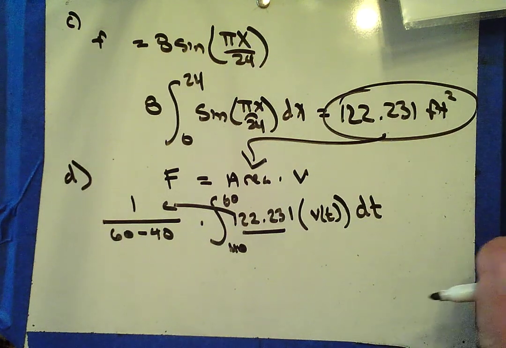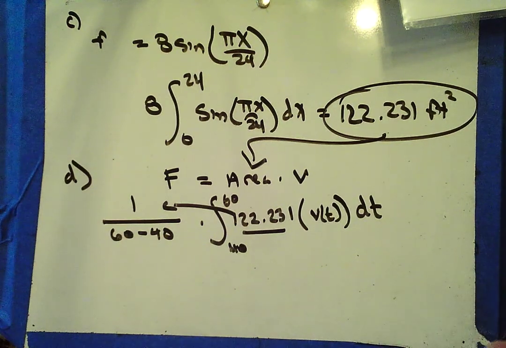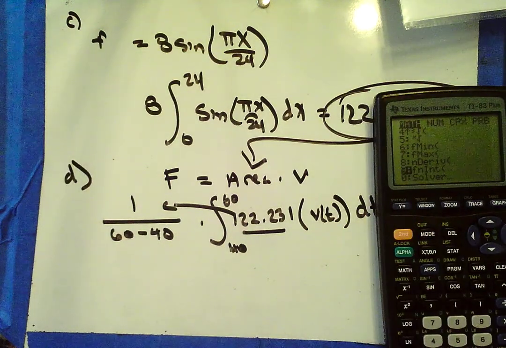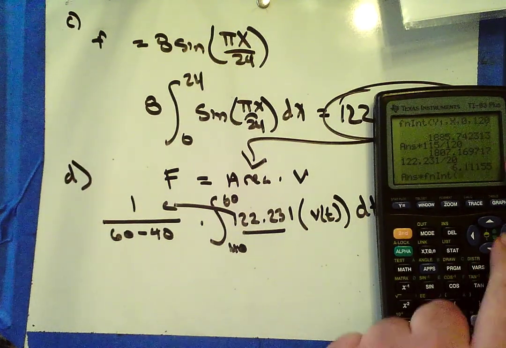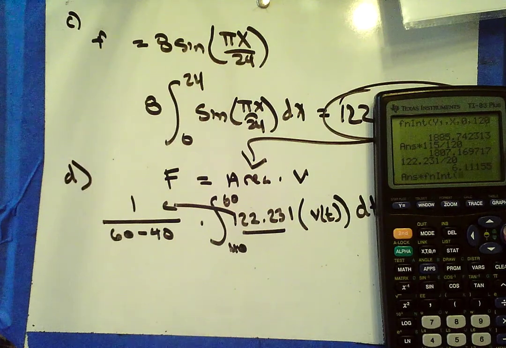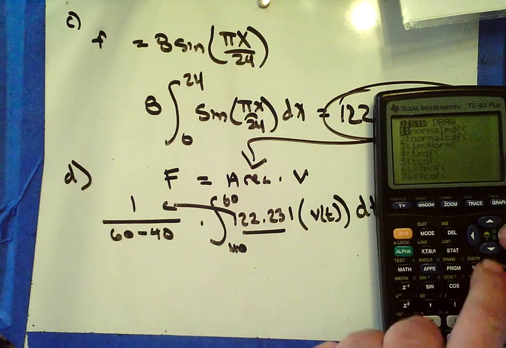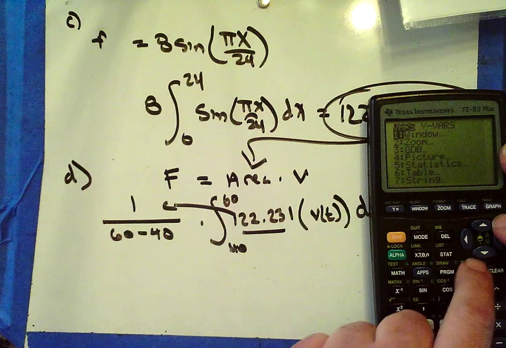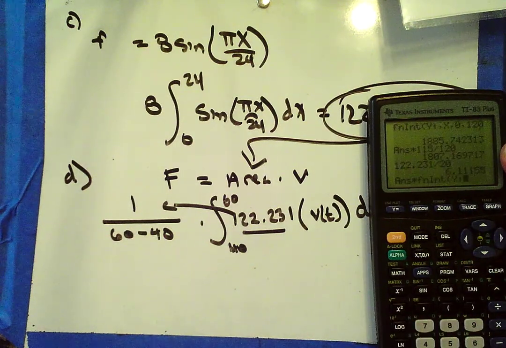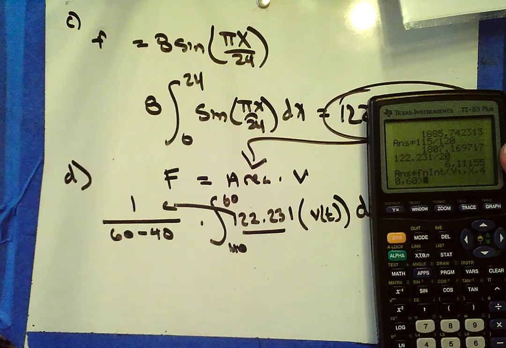I think I still have v of t typed in there. So 122.231 divided by 20 times math integral of y1, comma x, comma 40, comma 60.